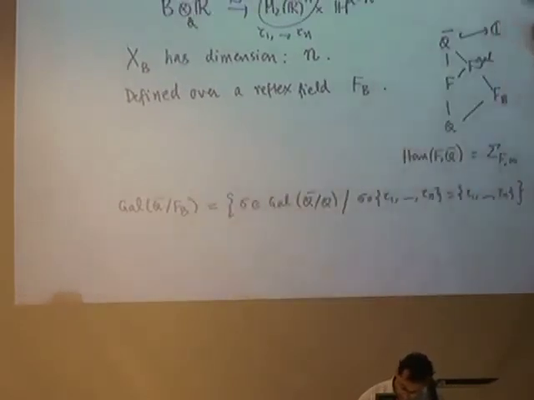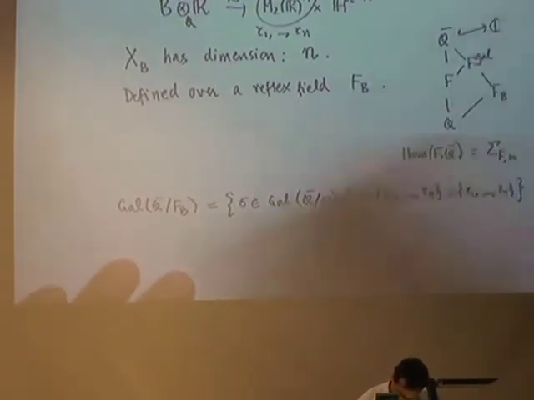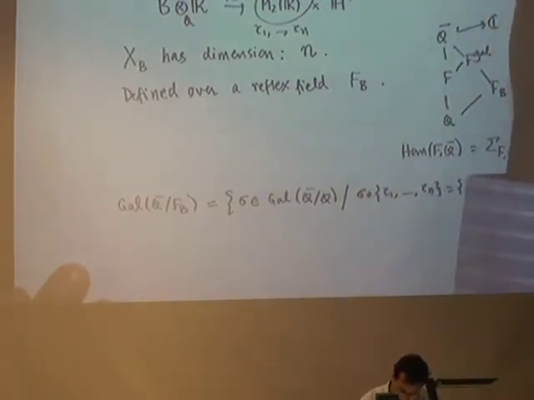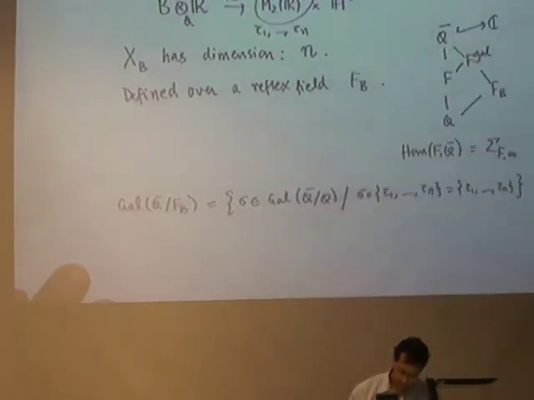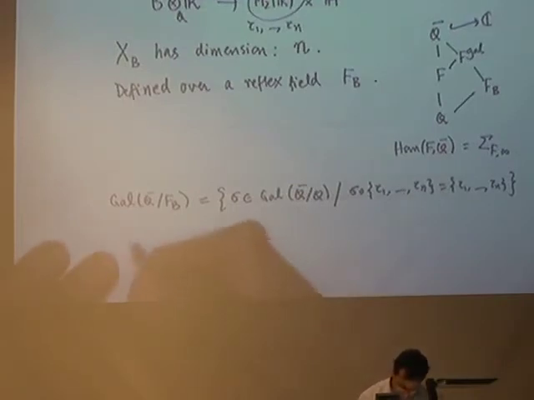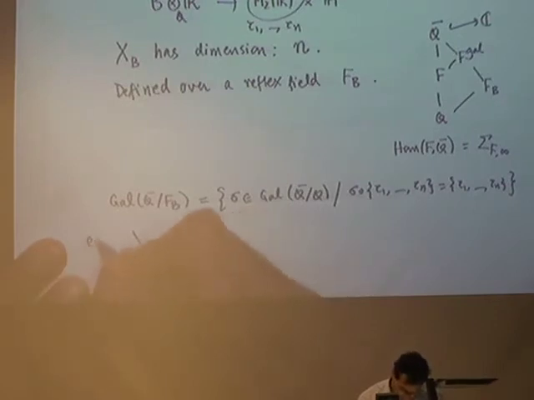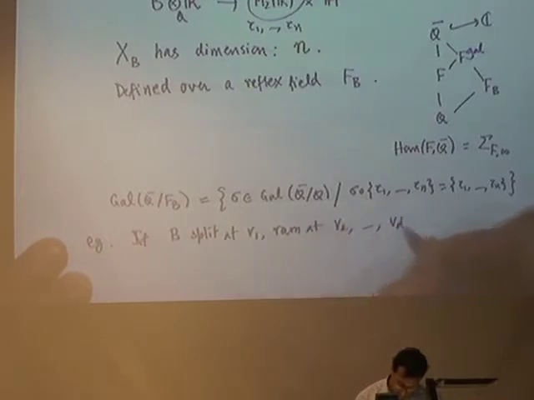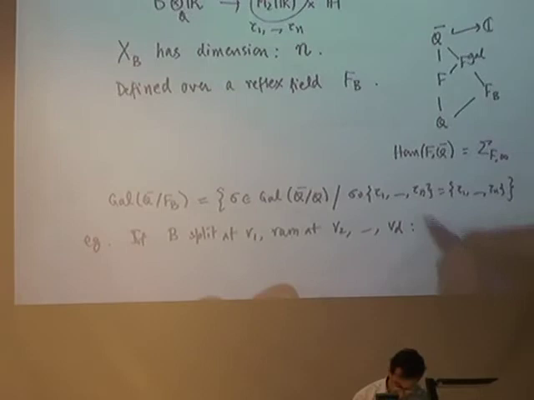So let's say my places here are V1 through Vd, where V1 is the place given by the chosen embedding of F. Then I'm going to get in this way, for example, if B is split at V1 and ramified at V2 through Vd, then in fact this field F_B is just F. So then F_B equals F.